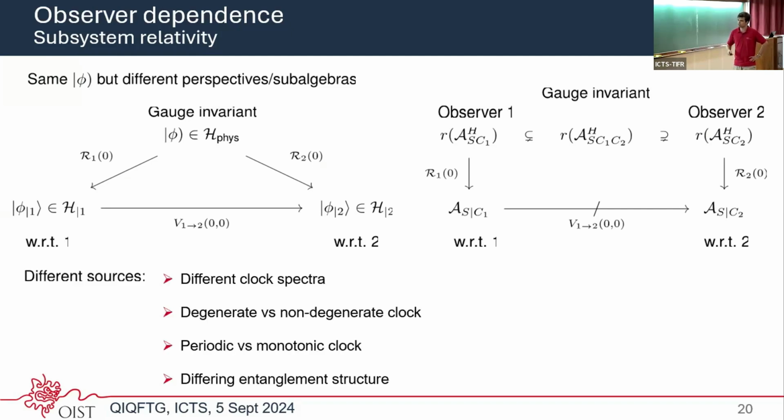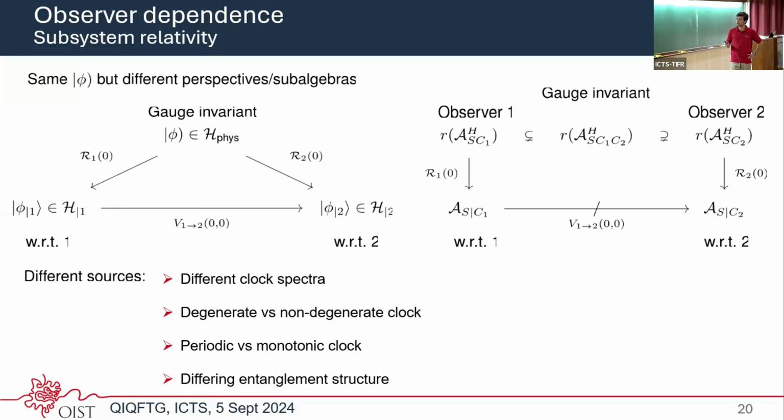And there are different reasons for this. For example, the clock spectra they use can be different. You can have a degenerate versus non-degenerate clock. You can have one that's periodic or monotonic, or there could be a different entanglement structure between the two states on this level and on the level with respect to clock 2.